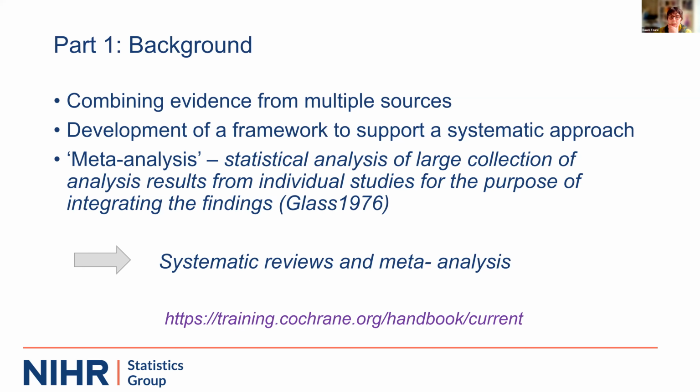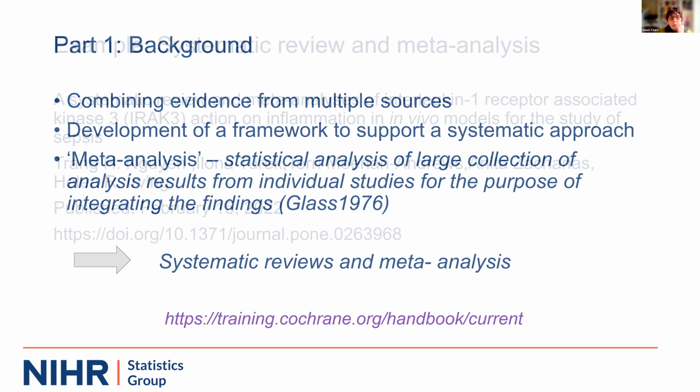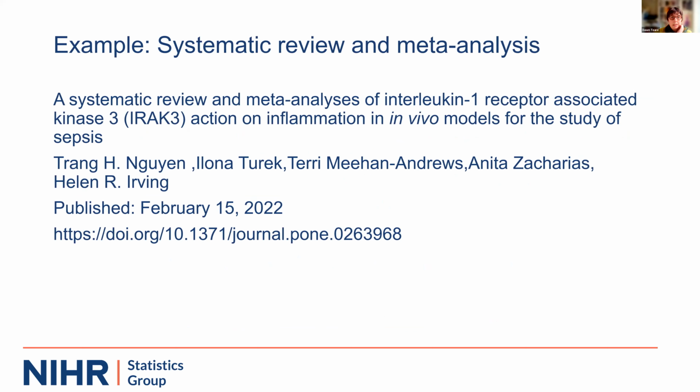So in order to outline what a typical systematic review and meta-analysis looks like, I've selected a very recent publication. It's fair to say this area of expertise is not mine, but I thought this might be a bit more appropriate for a lab studies focused talk. I'm rather more used to looking at results from multiple clinical trials.